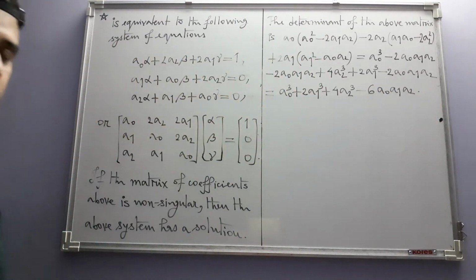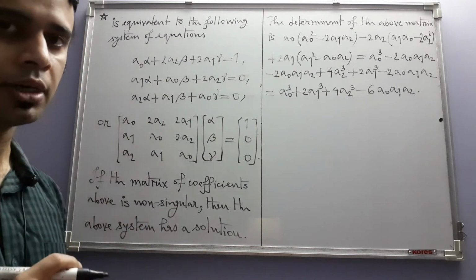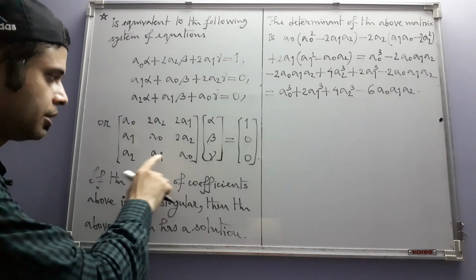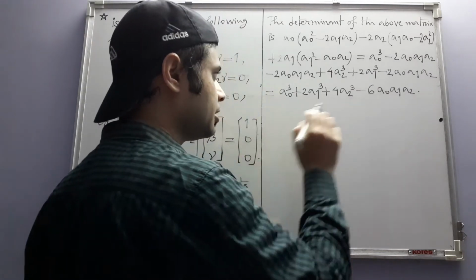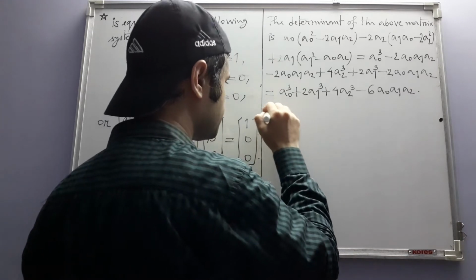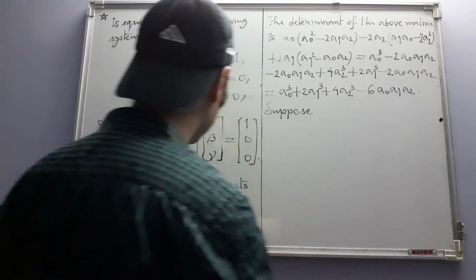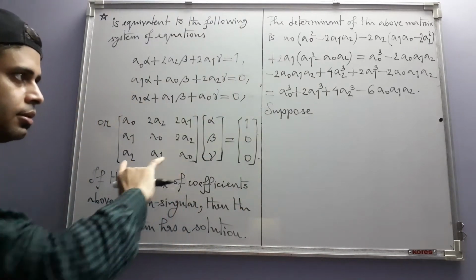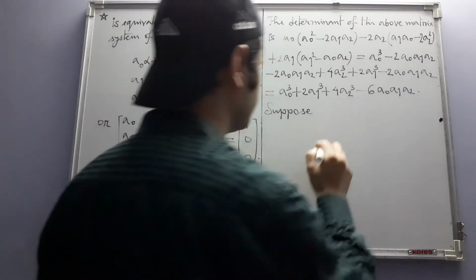So this is the determinant of the matrix. We want to show that this determinant is non-zero so that we can solve this equation. To the contrary, suppose that this is equal to 0. So essentially we are supposing that this matrix has a zero determinant, that is, it is singular.